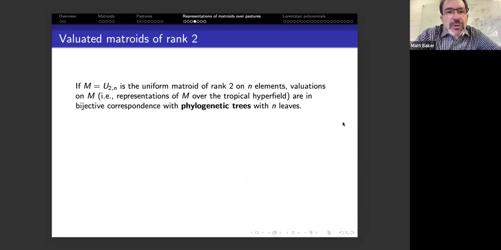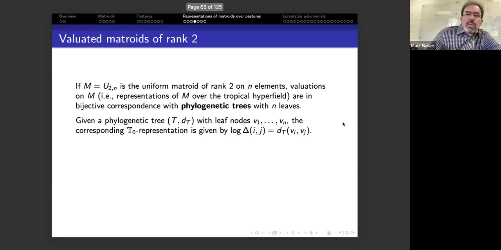So to get a valuated matroid of rank 2, let's assume it's a simple matroid, so we have just U_{2,n}. Then a valuation on M, meaning a representation over the tropical hyperfield, is the same thing as a phylogenetic tree with n leaves. So what does that mean? It's like a tree where each edge is given a length, and there's n leaf nodes of the tree.